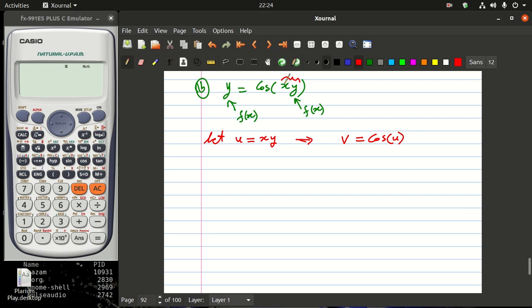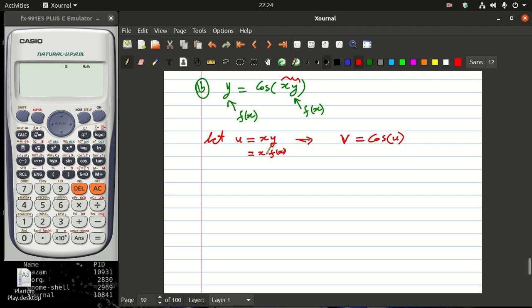So this whole thing here, I am going to replace by u. The reason I'm not using y like I used to when doing the chain rule is because I already have a y, and I don't want to confuse these two things. This u is the function x times f of x.